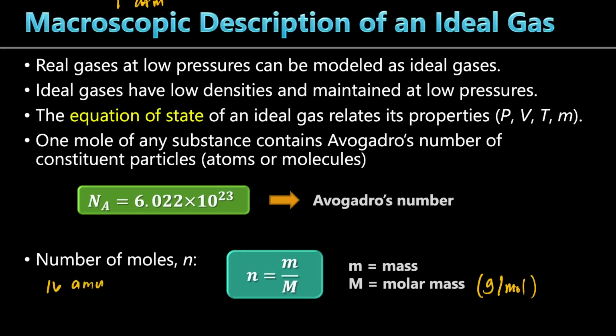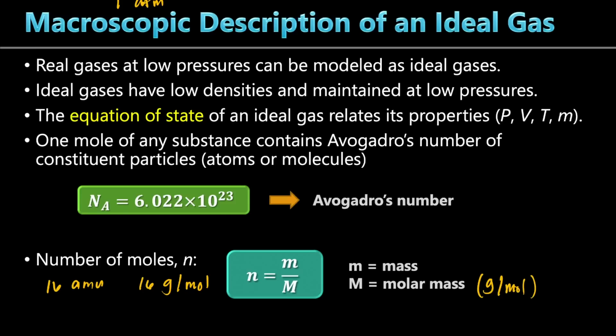How about its molar mass? The molar mass this time is 16 grams per mole. Why? Because we're talking about 1 mole of oxygen which consists of many particles. Kaya hindi pwede na AMU. Again, we use AMU for atomic or molecular masses, but for molar mass, we use grams.